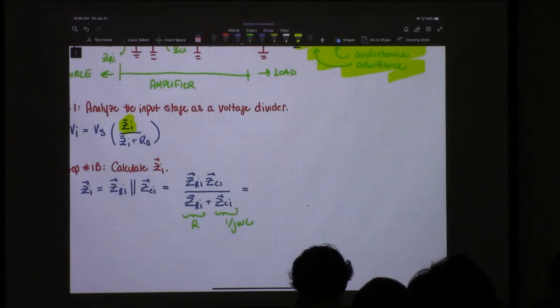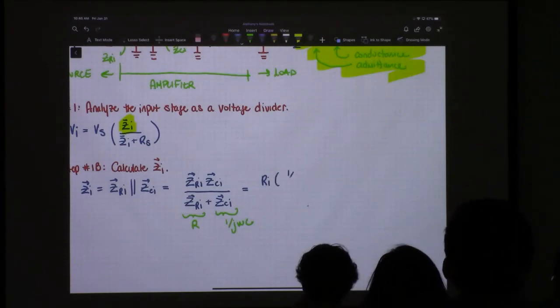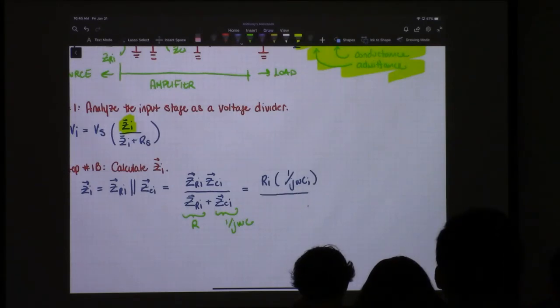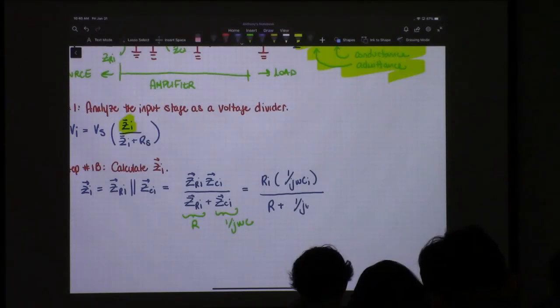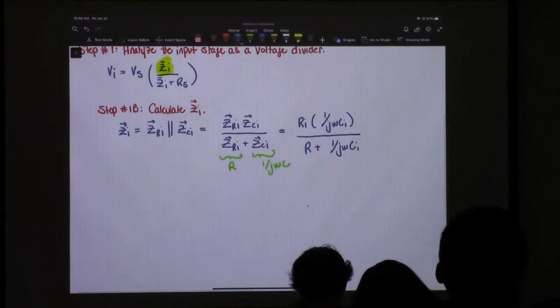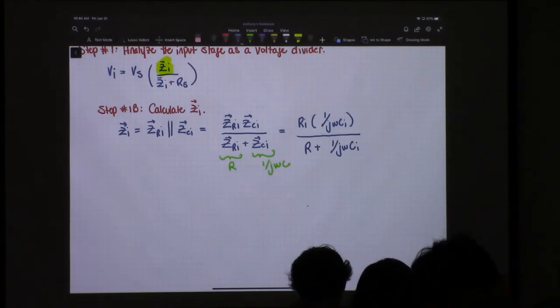So what we end up with is Ri times 1 over j omega Ci, over R plus 1 over j omega Ci. We are going to try to do what we can to clean this up and take the fraction out of the denominator.